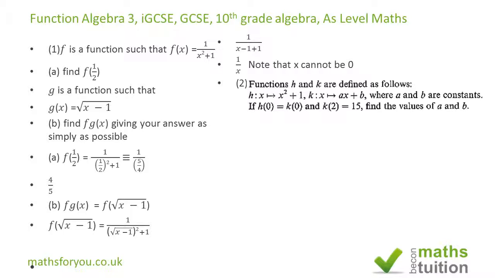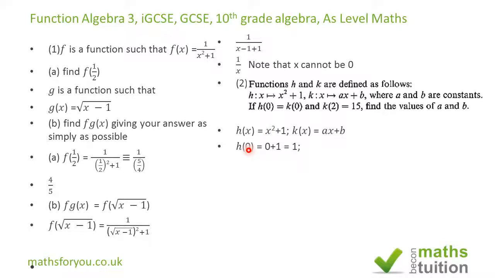Right, now we can write this as h of x is equal to x squared plus 1, and k of x is equal to ax plus b. Now h of 0 means substitute all your x values with 0.